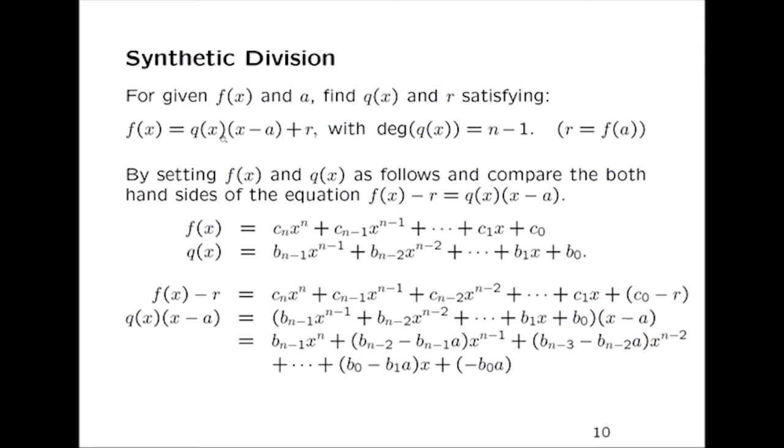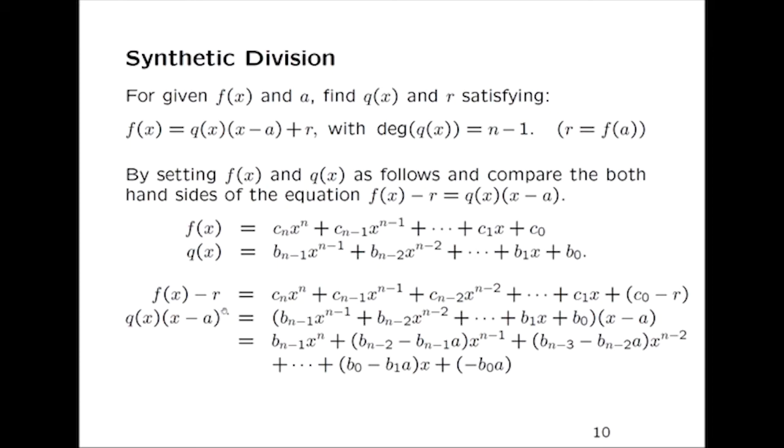So using the degree formula, the degree of q of x is n minus 1. Knowing that, just write q of x in this form, because q of x is known to be of degree at most n minus 1, right? Then we want to find out b_(n-1), b_(n-2) up to b_0. But since f of x minus r is equal to q of x times x minus a, we just write both of them.